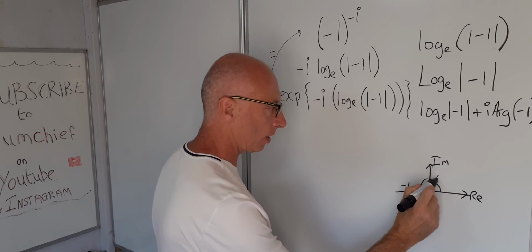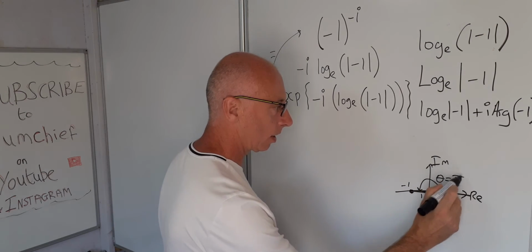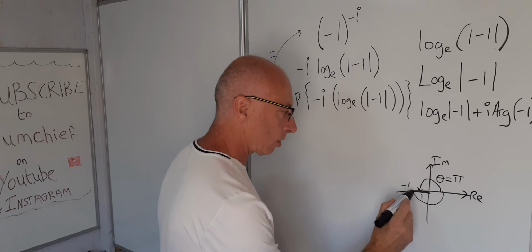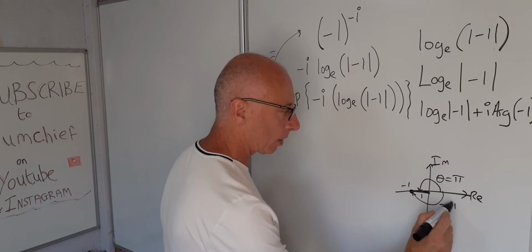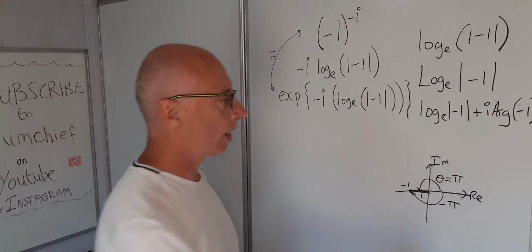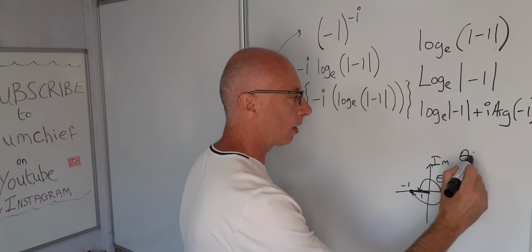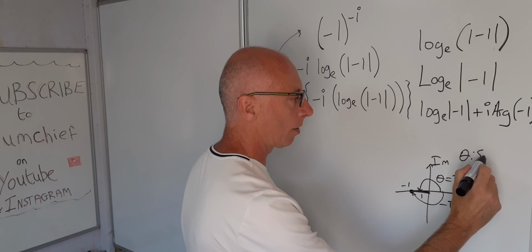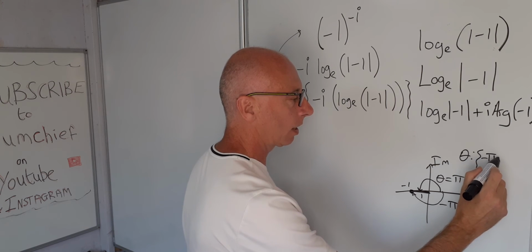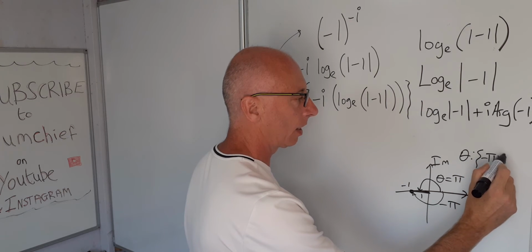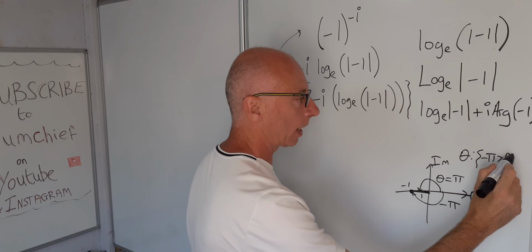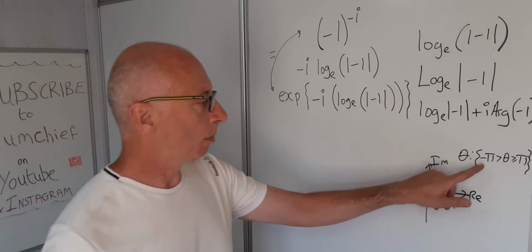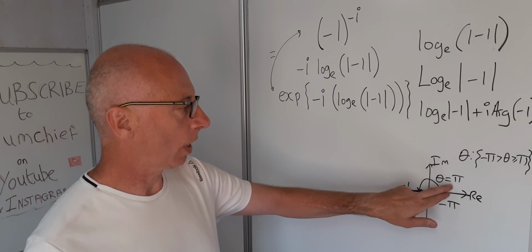So this angle theta is going to be pi. Just as a quick note, we can't go this way, because this would be minus pi. Theta must be in the set greater than minus pi, up to and including pi. So minus pi wouldn't work for us in this situation, we want pi.